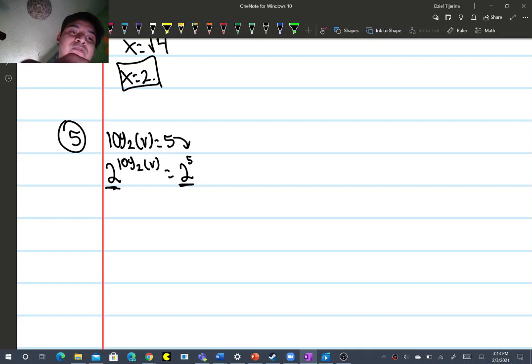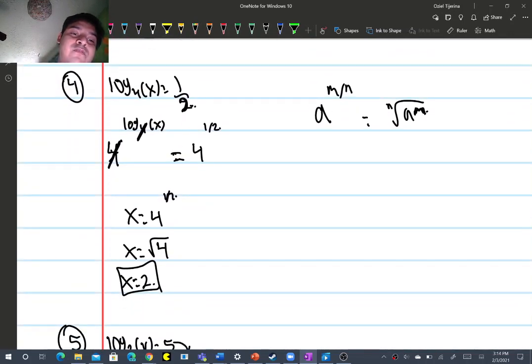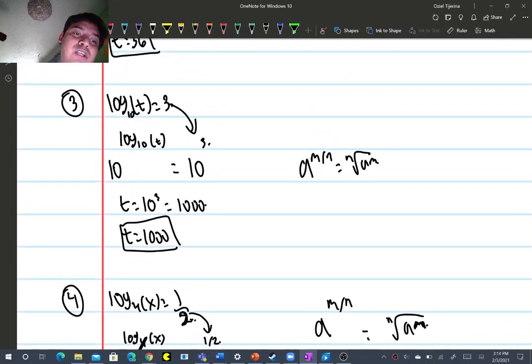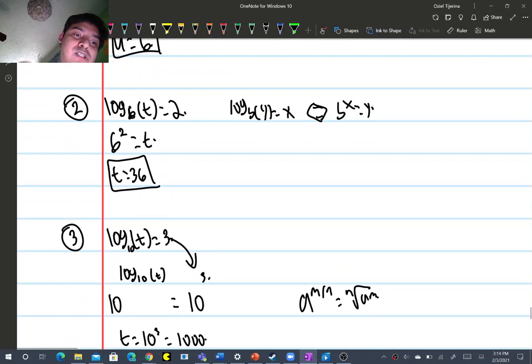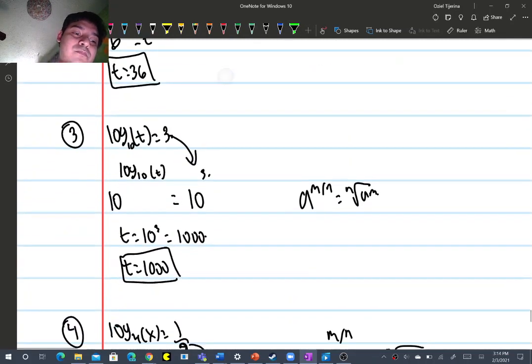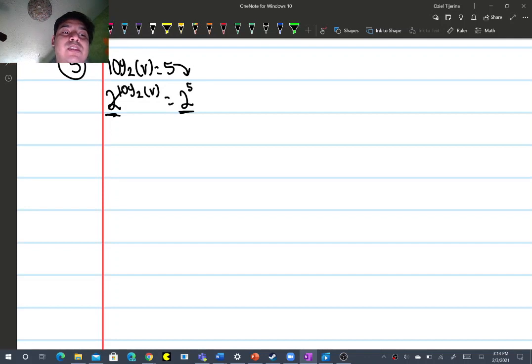So this one is a power of 5, this one I put as the power of 1/2, and this one as a power of 3. This one I used the square root property, or exponent properties, but I did the exact same thing. I said 6 squared is t. This one, I put 1 as my power. So that's kind of the main idea with this.